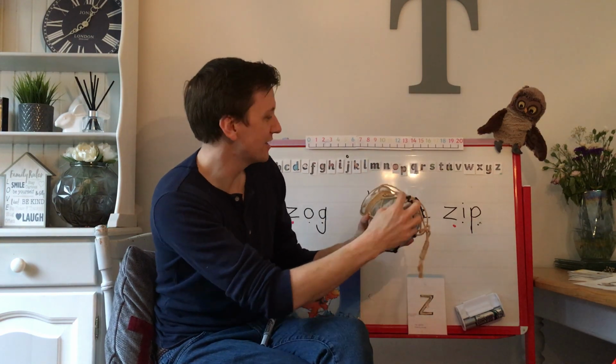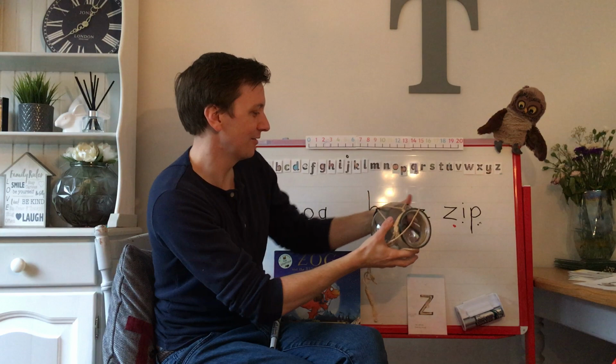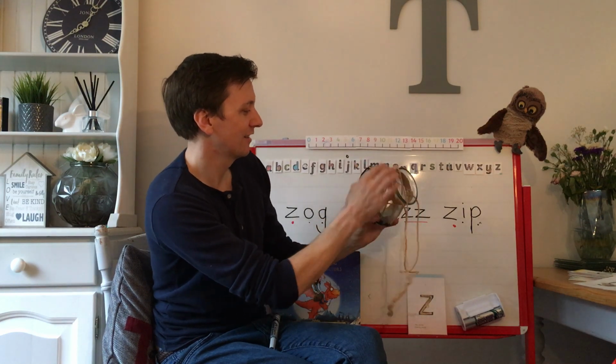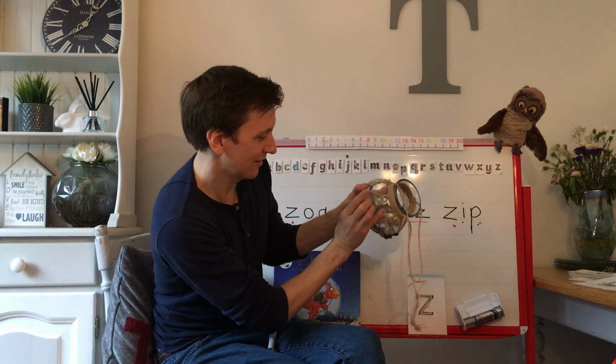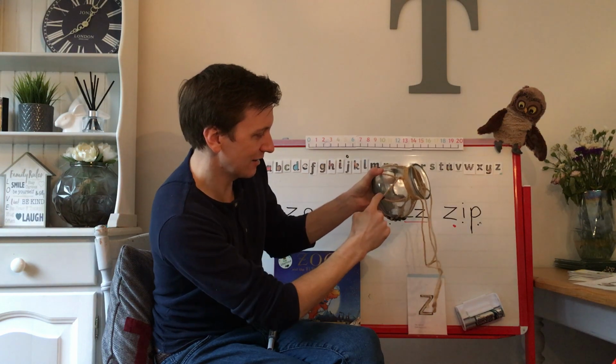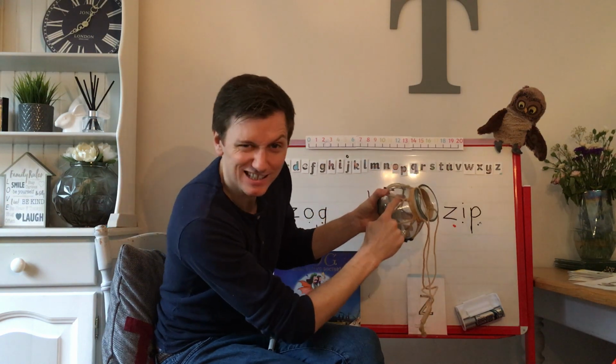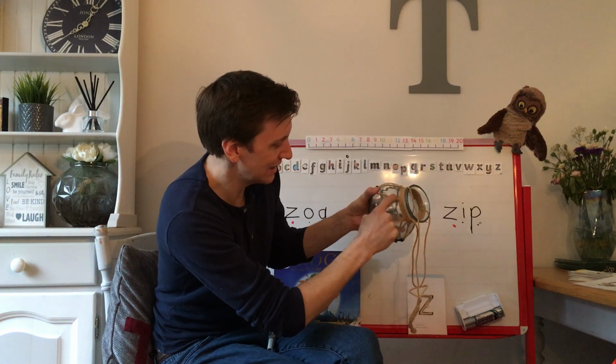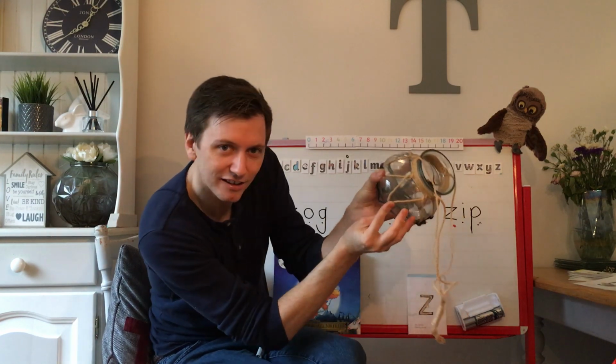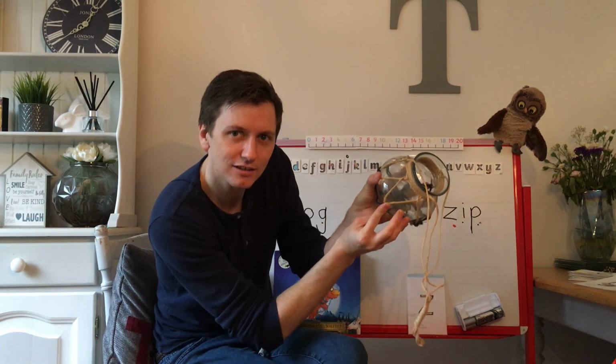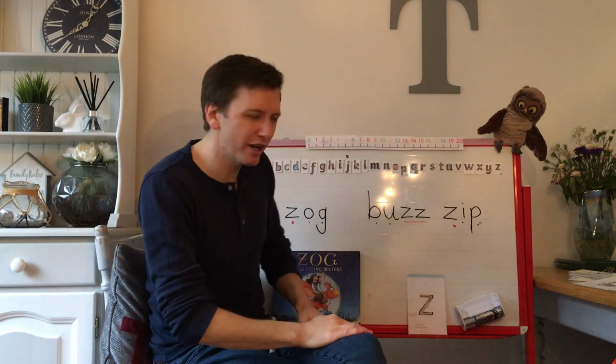If it was how we were writing it, it would go this way, wouldn't it? Yeah? You see it there, look. It's actually zigzag zig. Can you see the z? Okay. So let's try and write this word zigzag.